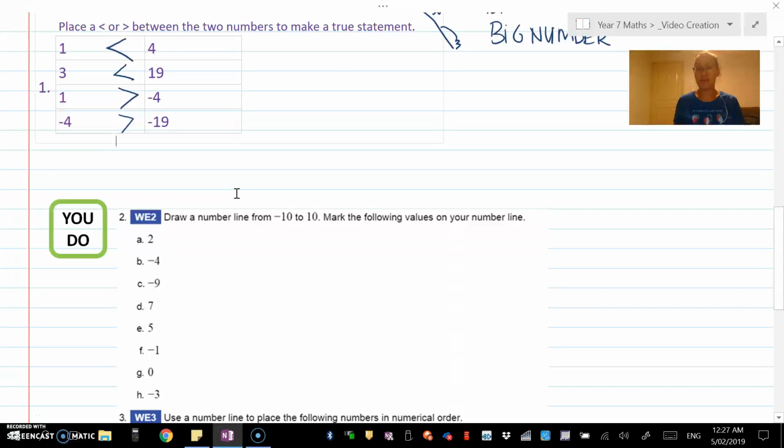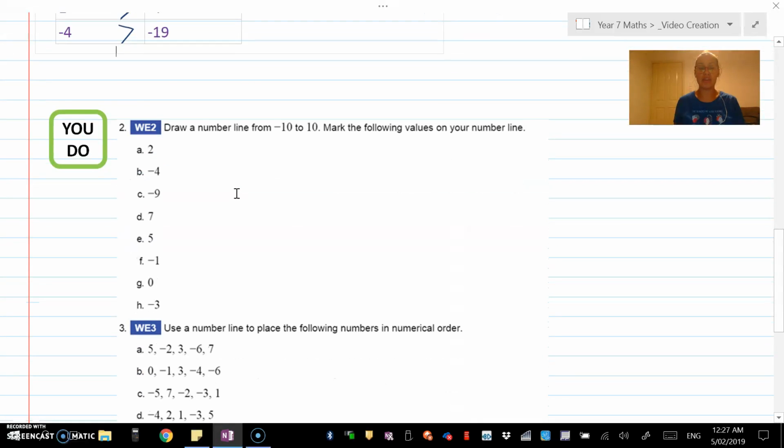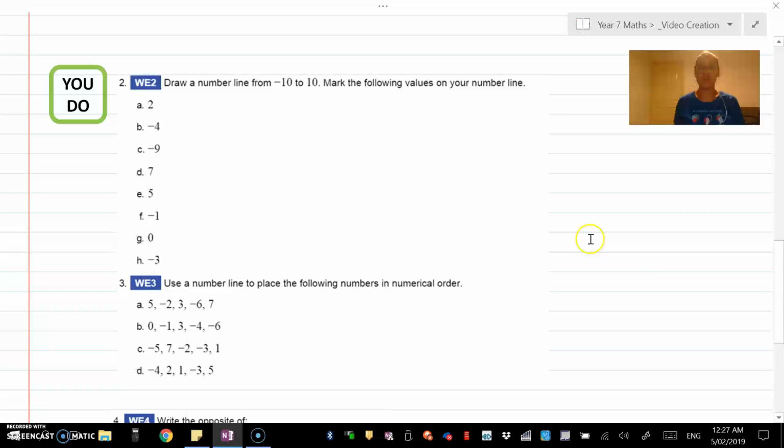Okay, so now that we've gone through that, I'd like you to have a go. I'll put these up on Blackboard or eLearn as well, so you can pause and do those questions there. So putting them on a number line. There's that numerical order, so that's also another way of saying ascending.